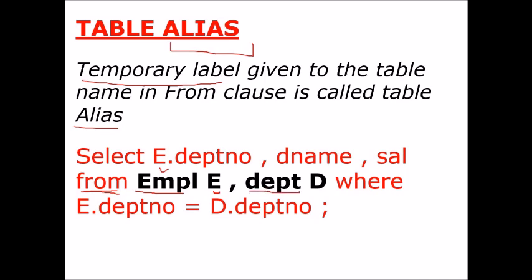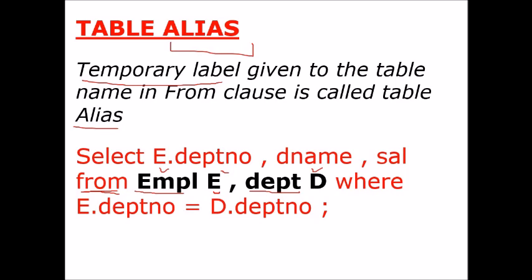Similarly, D you have selected for DPT. So wherever you want to refer to DPT you can use D, and wherever you want to refer to the EMPL table you can use E. Like if you want to write DPT-NO of the EMPL table, you can write EMPL dot DPT-NO, or you can write E dot DPT-NO. So you can assume that this is just a short name of this table.